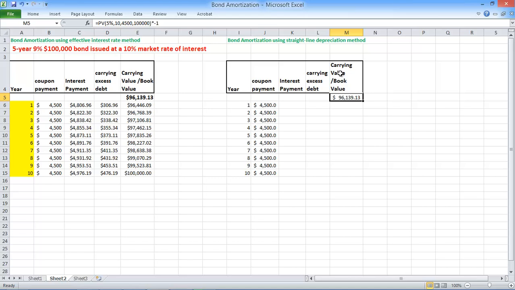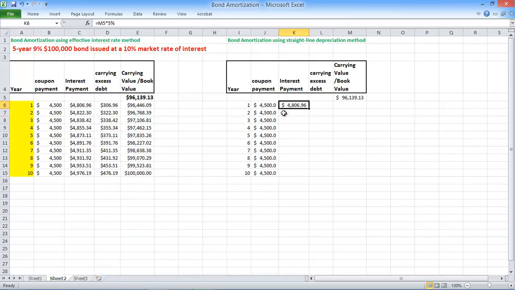We're carrying this amount. This is book value, so we have to pay interest on that. So what's going to be that interest? That interest is simply the carrying value times the market rate of interest, which is 5%. So this is our interest, which is 4,806 and 96 cents.